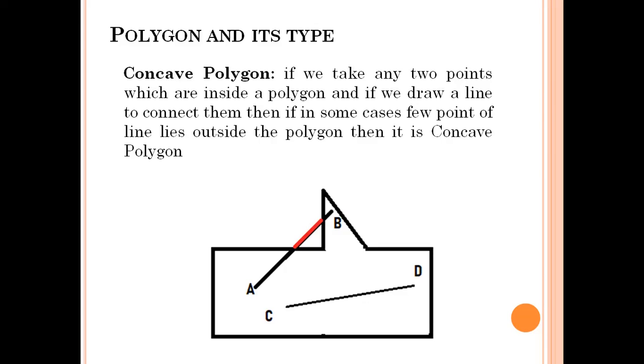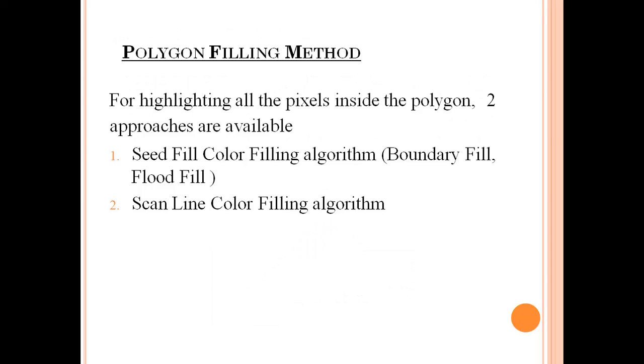Now after learning the types of polygon, we have already studied there are two types, concave polygon and convex polygon. We will see polygon filling algorithms. Polygon filling means what? Polygon filling is the process of coloring the region or area which is present inside the polygon. How can we define these regions?